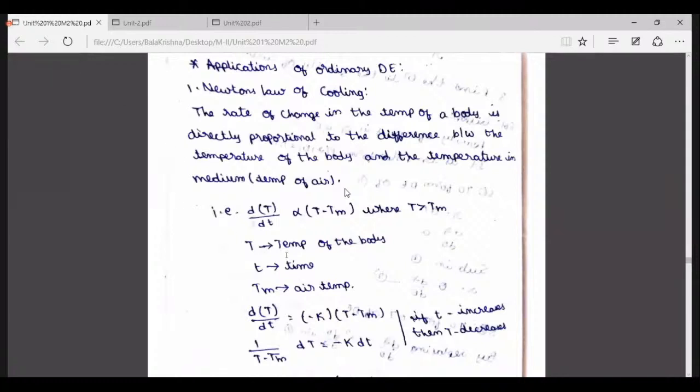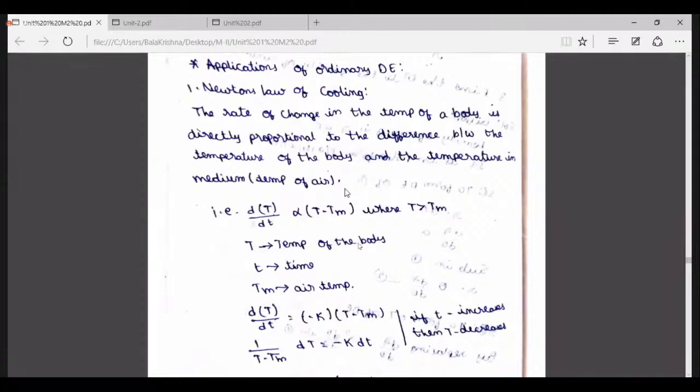Okay. So if you see the Newton's law of cooling, the statement is something like this: the rate of change in the temperature of an object, you can say body or an object, is directly proportional to the difference between the temperature of that object and the temperature in the air, that is the medium.